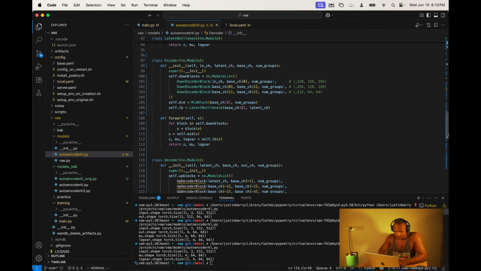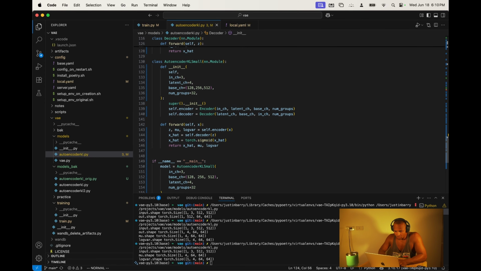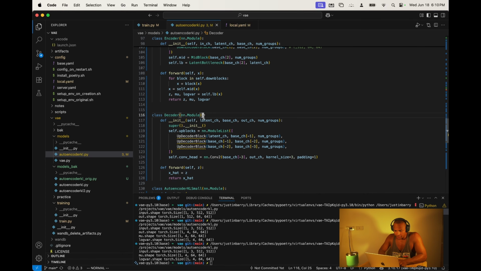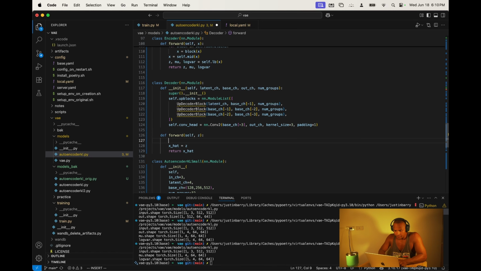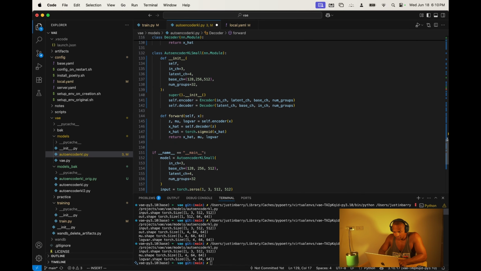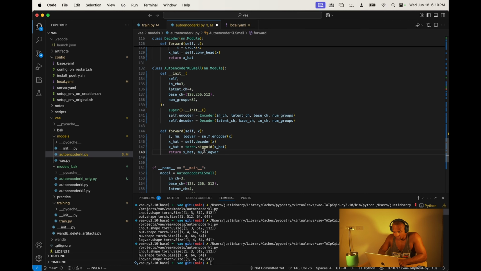Okay, so for block in self.up_blocks, x receives block, x hat receives x, and torch in a minute. I'm doing that in the AutoencoderKL.